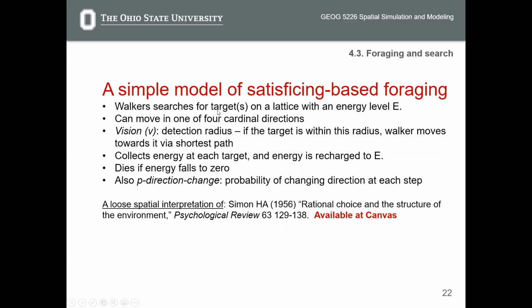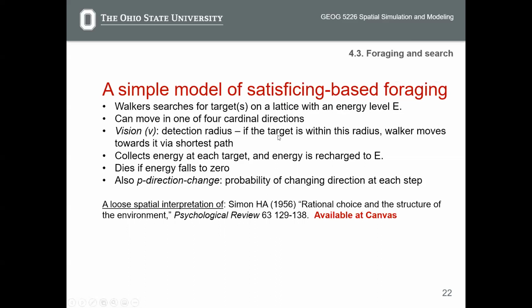Walkers search for targets on a lattice with an energy level of E. And each walker can move in one of 4 cardinal directions. Okay, and there is a vision defined for the walker. Vision is a detection radius.